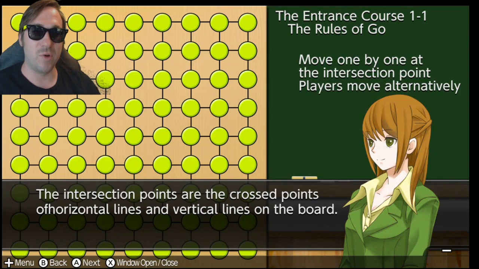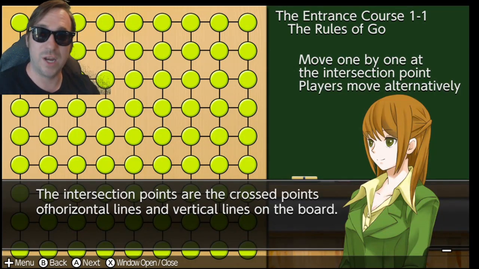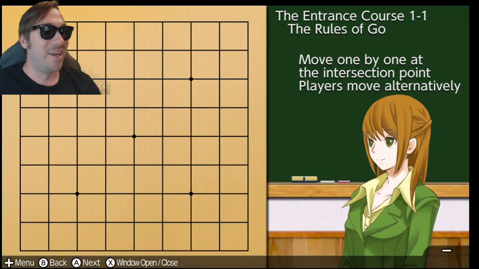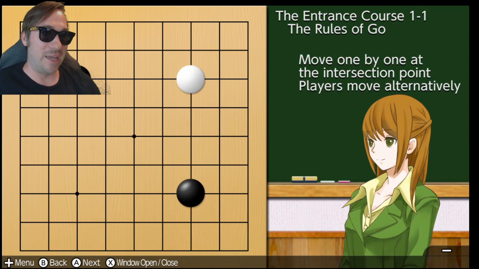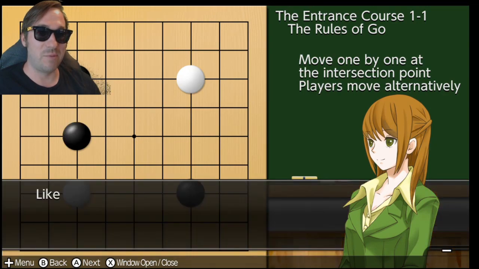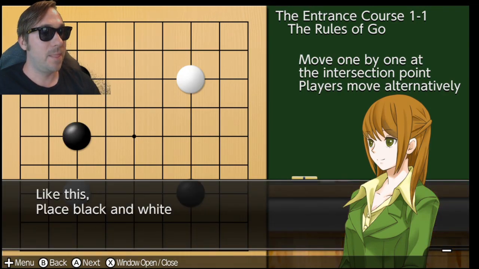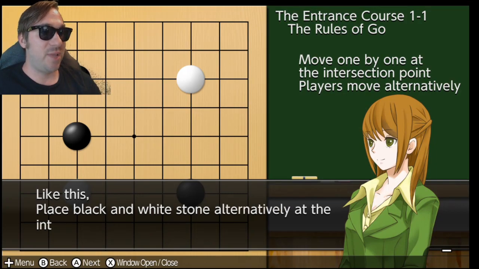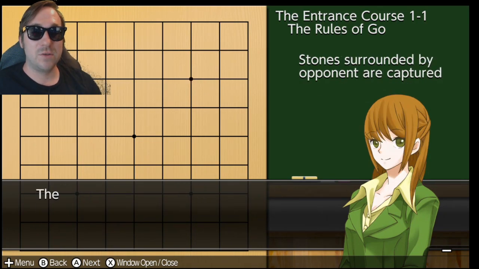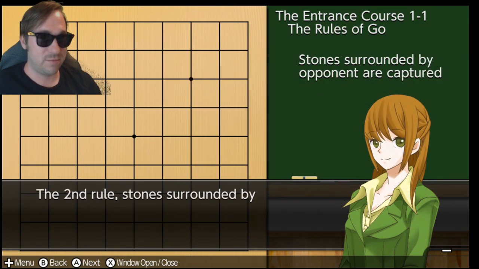Although I don't remember off the top of my head who goes first, and I know Brother Rick is rolling his eyeballs at me. Because I believe it's black that always goes first, probably traditional. So again, Go stones at the intersecting point.